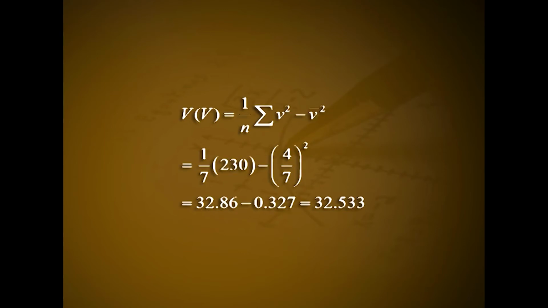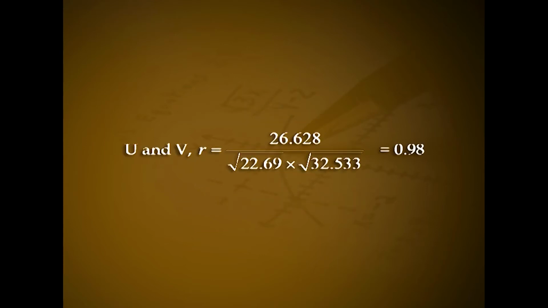Variance of v equal to 1 by n summation v square minus v bar square, that is 1 by 7 into 230 minus 4 by 7 the square, that is 32.86 minus 0.327, that is 32.533.